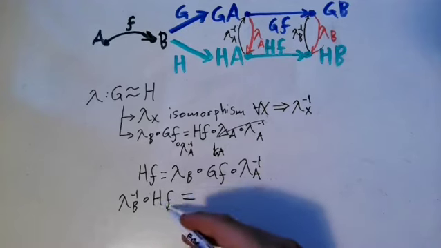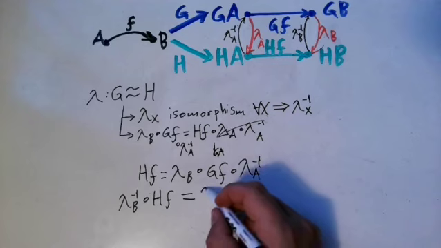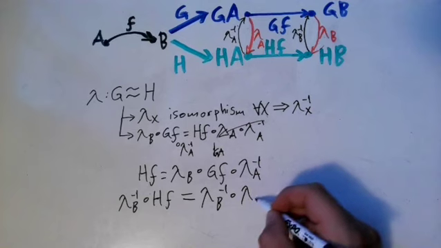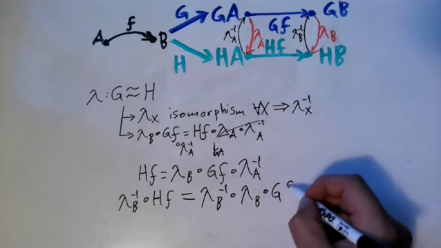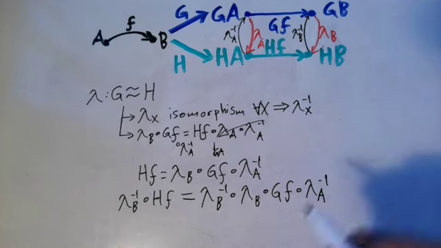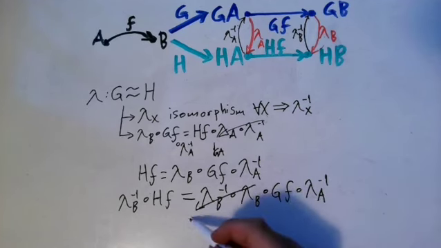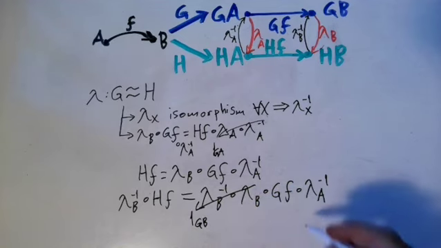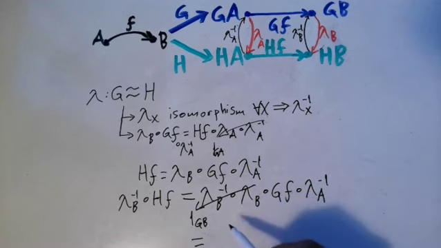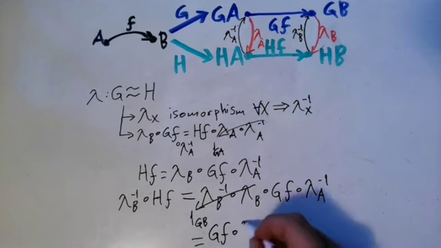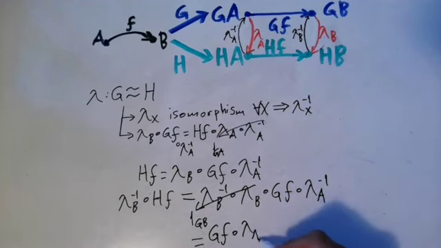Well, here we can replace H of F with this expression here. And then these two will cancel out to 1 G of B, which will leave us with just G of F after lambda of A inverse.